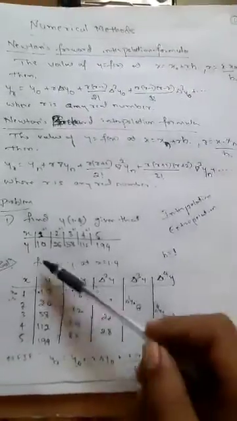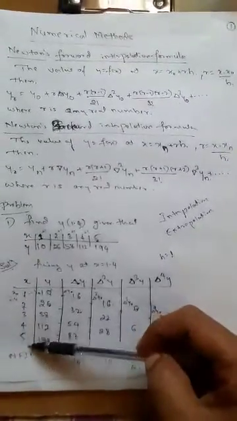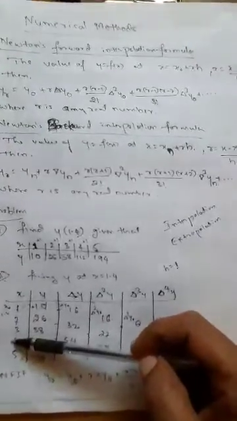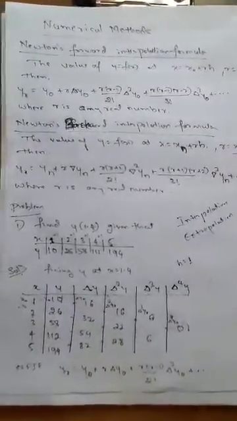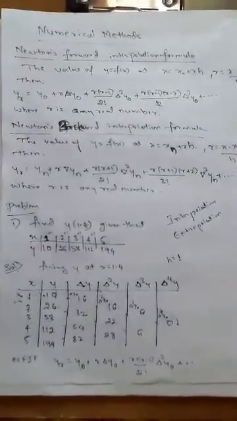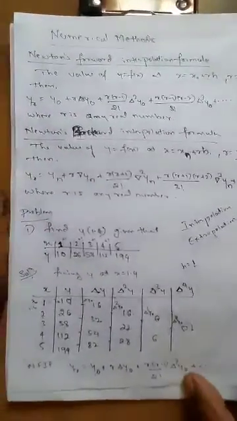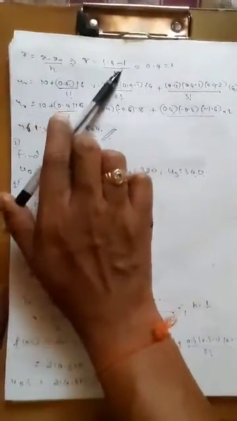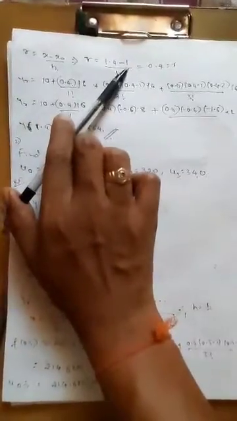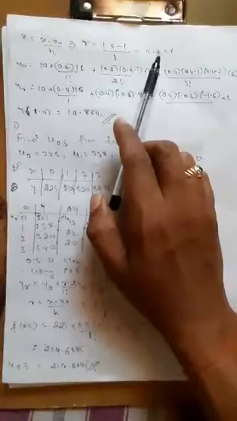Here h is the equal interval, which is 1, since the difference between the x values is 1. These two formulas are used only for equal intervals. If the x values are equally spaced, only then can we apply the forward or backward interpolation formula. So r equals the given value 1.4 minus the initial value x naught, 1, divided by h, 1. Simplifying, we get r as 0.4.